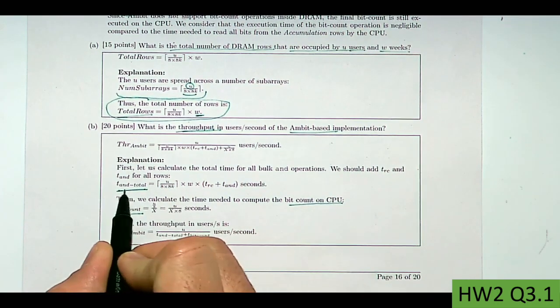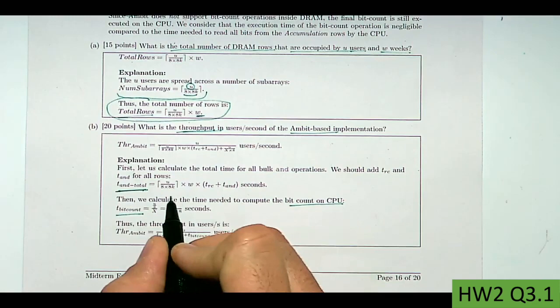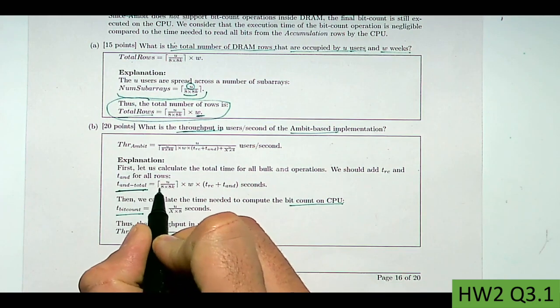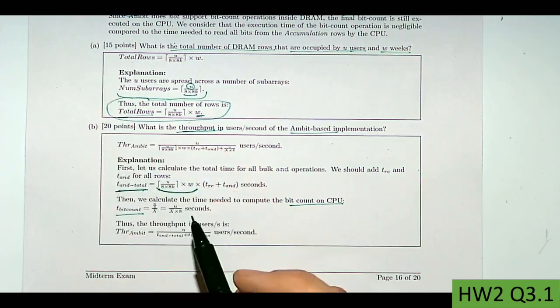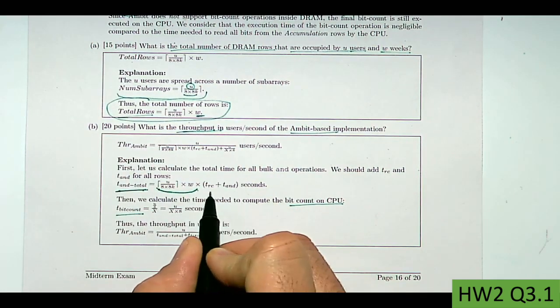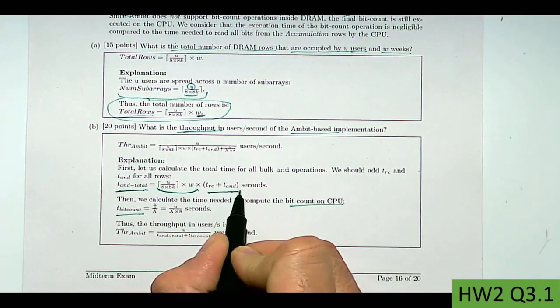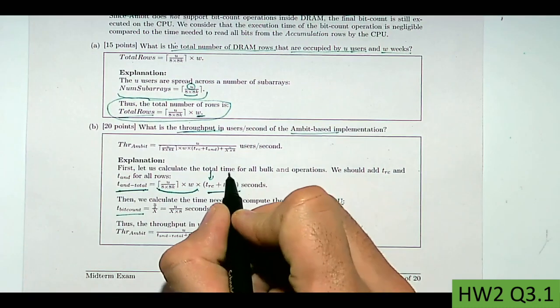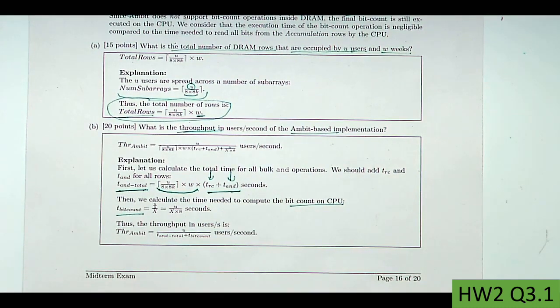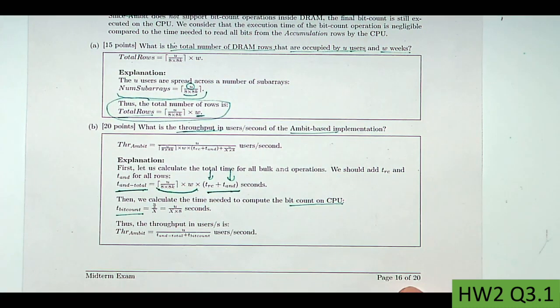If you look at this AND total, what we have here is exactly the number of rows that we need to operate on, which is the solution of part A, times the total latency for each of these rows, which is the latency of moving the row to the opener row plus the latency of ANDing the row with the accumulation row.